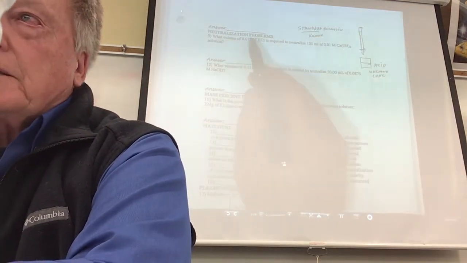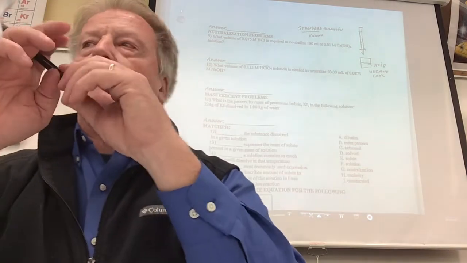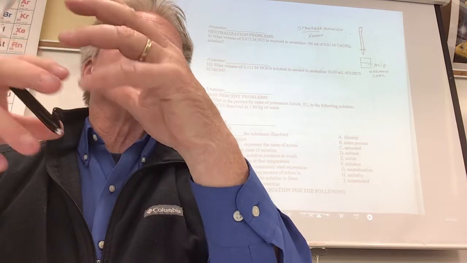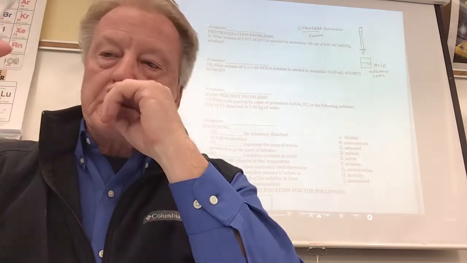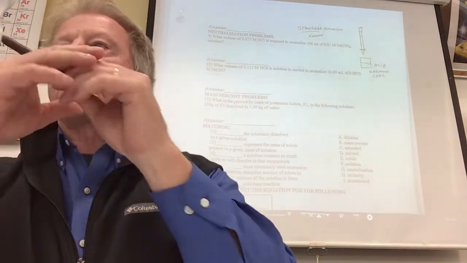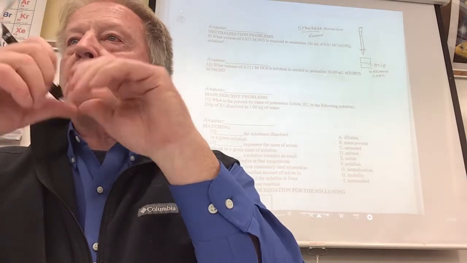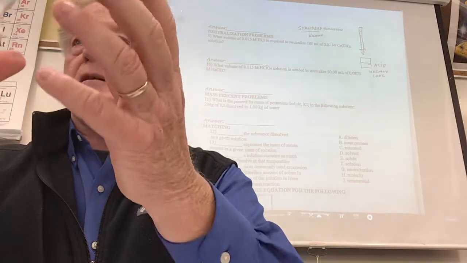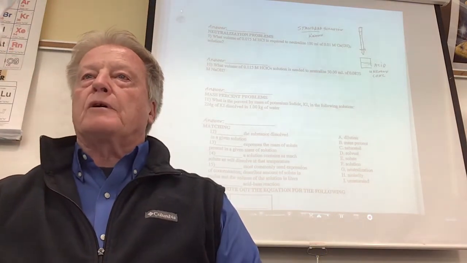Now, neutralization. There are people, young people and definitely older people, who sometimes have problems in their stomach. Especially if you're under a lot of stress, your stomach tends to make more acid. I don't know if you knew that your body made hydrochloric acid.